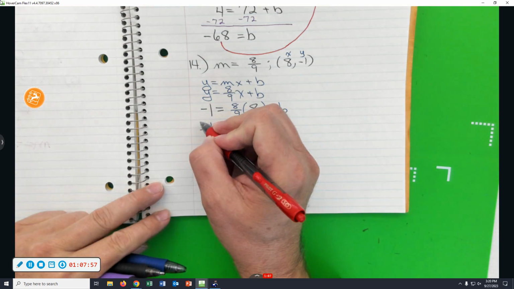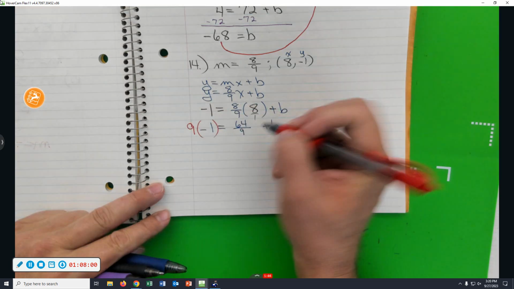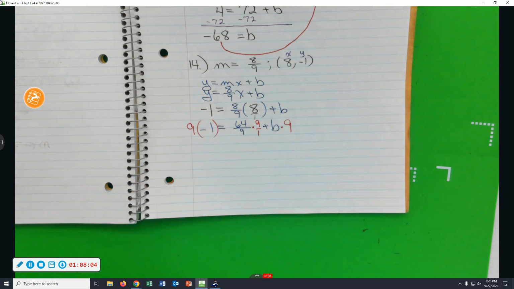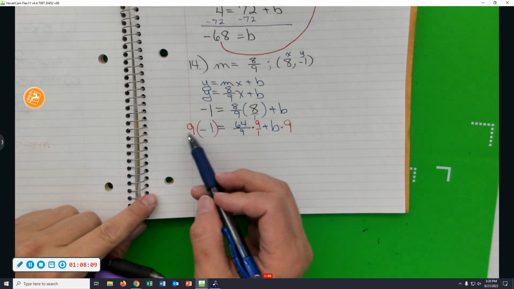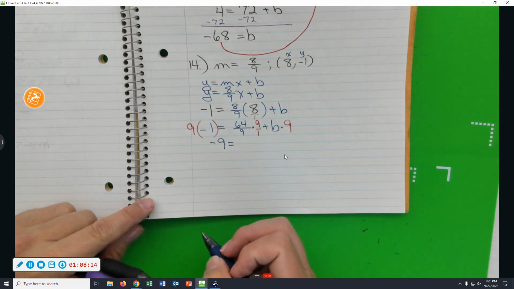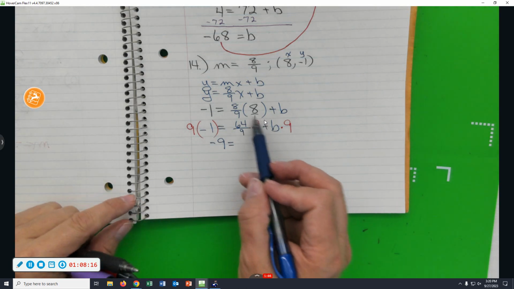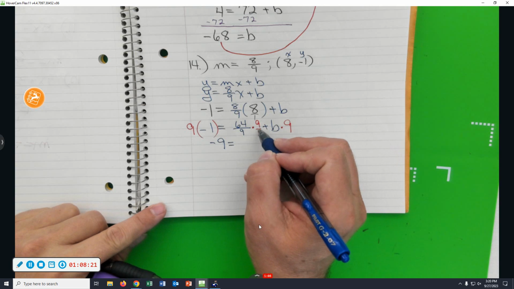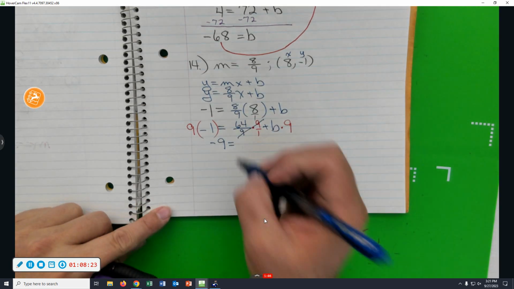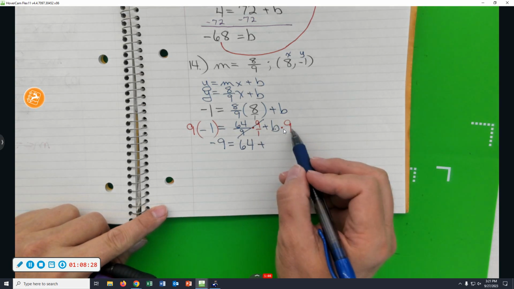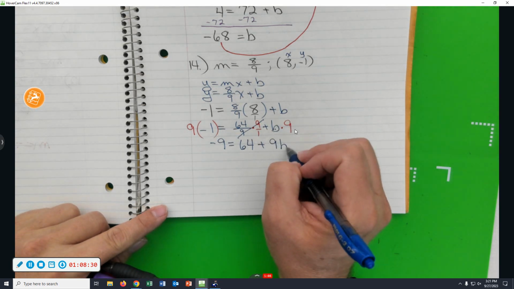So I'm going to multiply by 9, multiply by 9, and multiply by 9. 9 times -1 is -9 equals. What's this going to give me? Just 64. That's when we multiplied by 9 to cancel out that fraction. So we have 64 plus b times 9 is 9b.